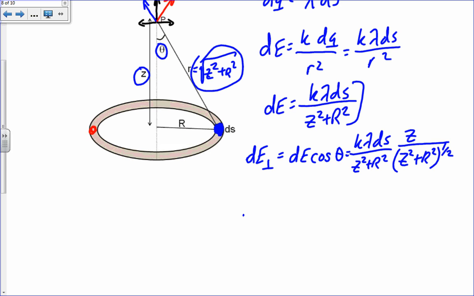So now I can keep going. My dE perpendicular, which I'm just going to call dE now because that's going to be my total electric field, is k lambda z ds over z squared plus R squared to the 3/2.